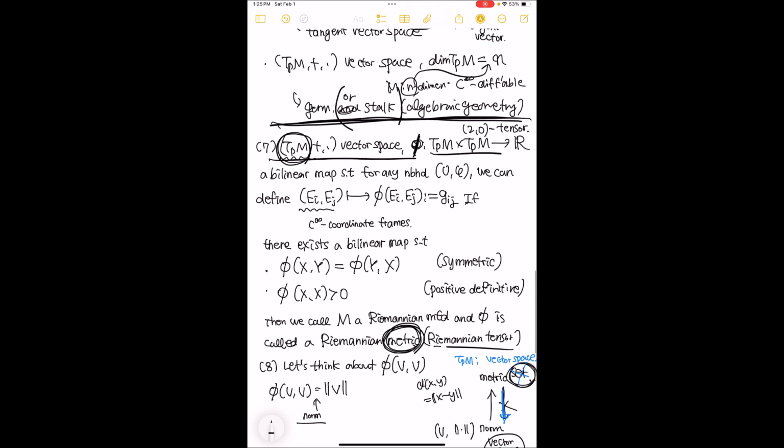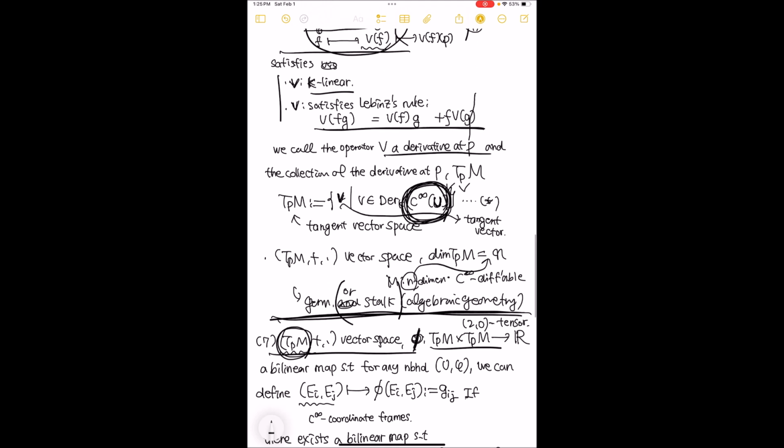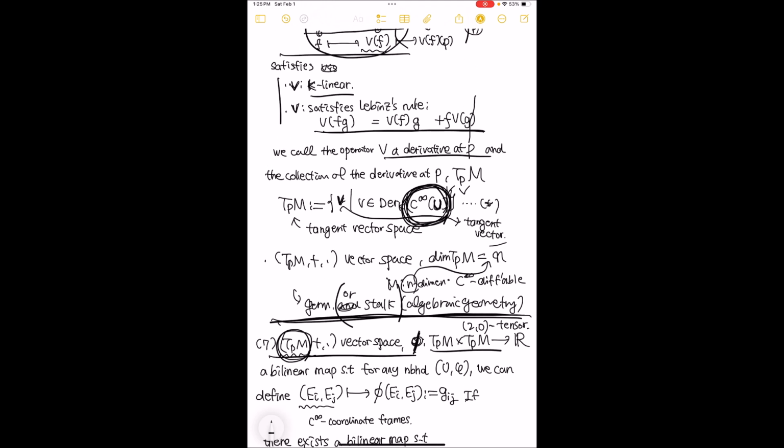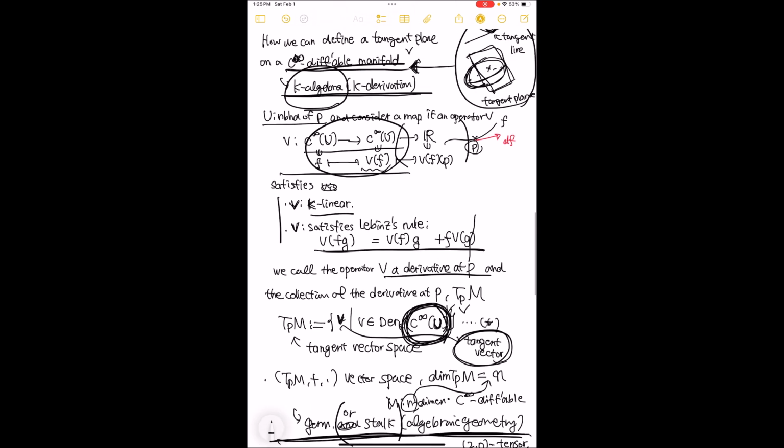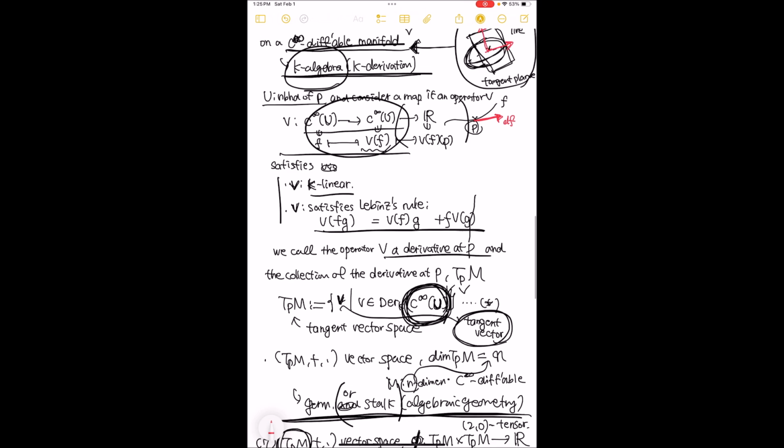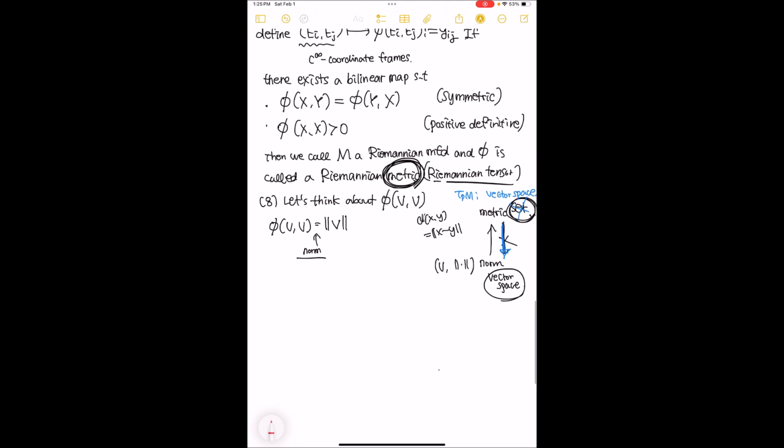But as you see, V corresponds to a tangent vector like this or this.